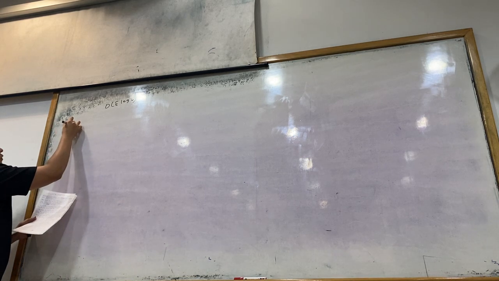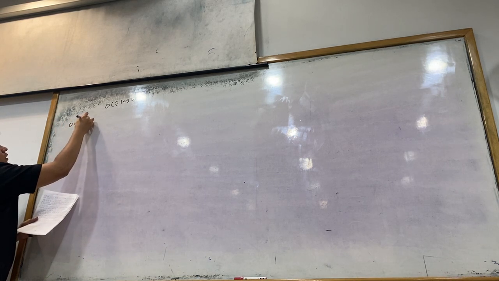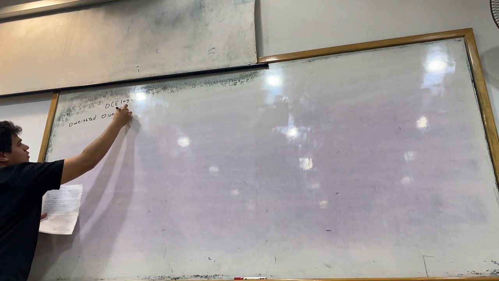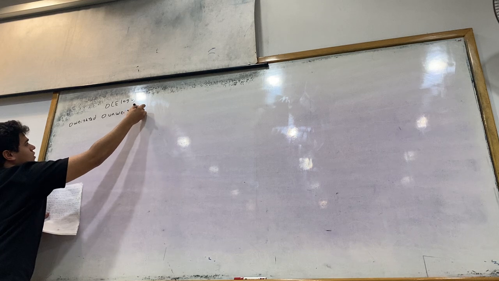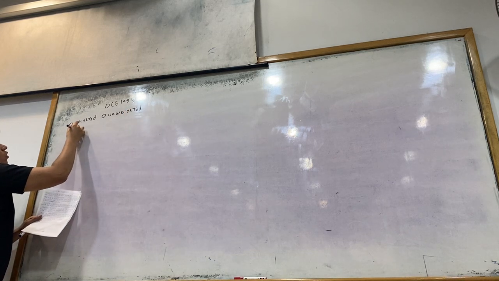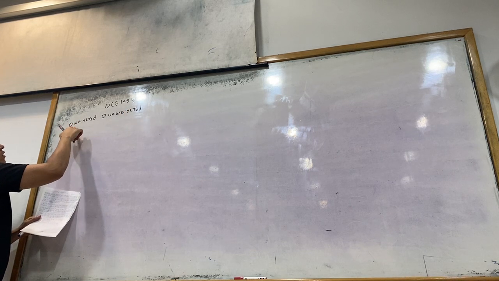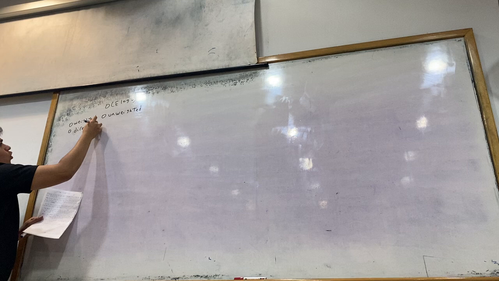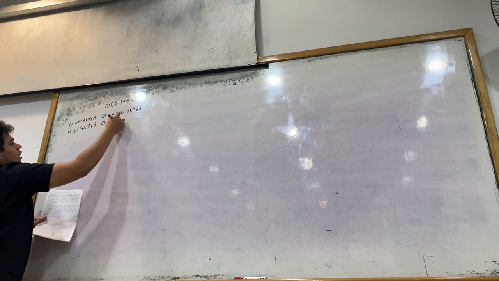Let's write the possibilities for the graph. We can have the graph weighted or unweighted. First we can have it directed or undirected.